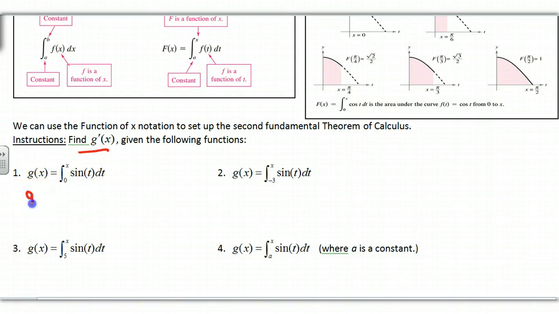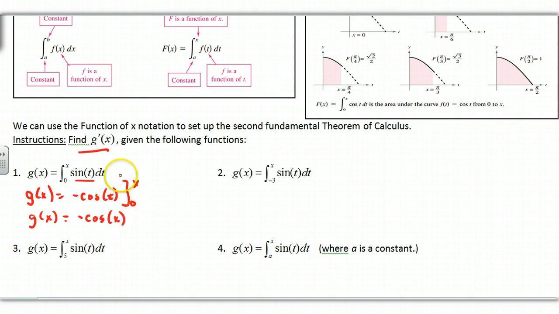So if I want to find out what g of x is, I just take this integral and evaluate it. So what's the antiderivative of the sine, which would be negative cosine of t, and I'm going to evaluate this from 0 to x now. And so g of x, notice that this does say g of x, and so I'm going to end up with a function of x.